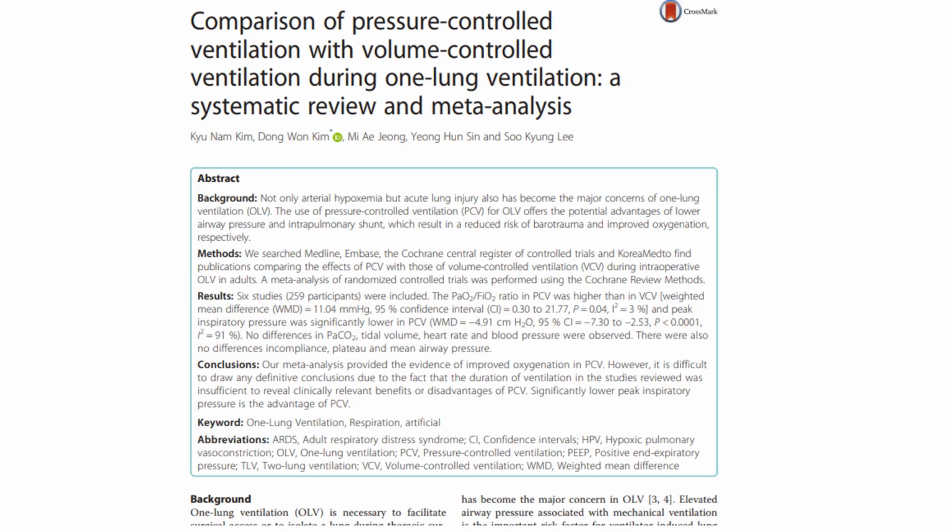But this meta-analysis shows that in patients where pressure control ventilation was utilized in one-lung ventilation, it results in a lower peak inspiratory pressure as compared to volume control ventilation. And the PF ratio, PaO2 over FiO2 ratio, in pressure control ventilation is also better compared to volume control ventilation, right? So most clinicians now actually advocate the use of pressure control ventilation.